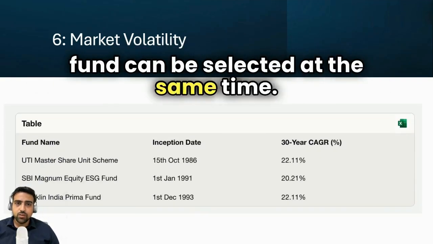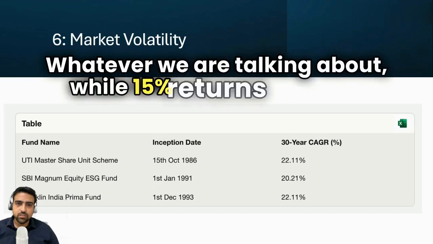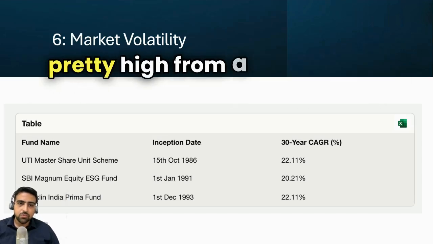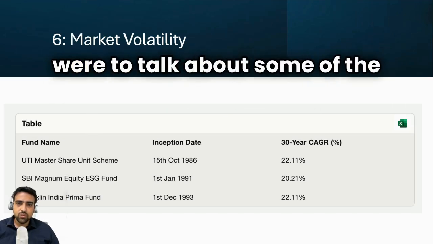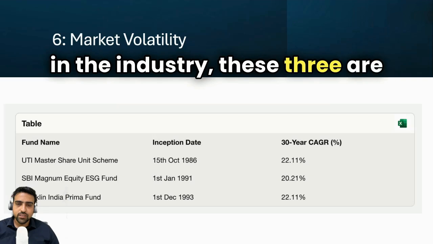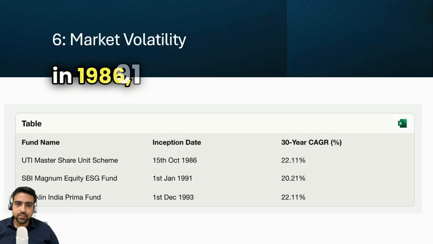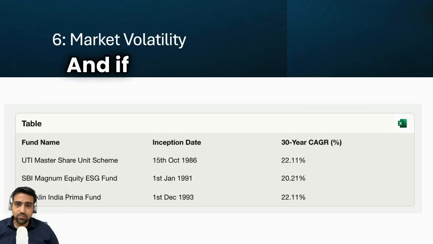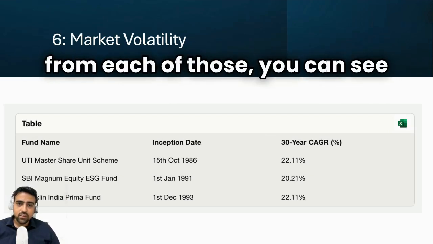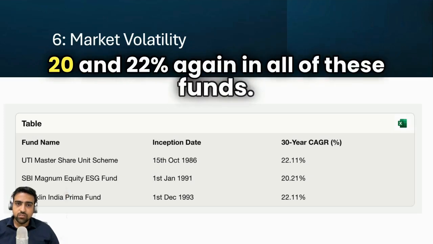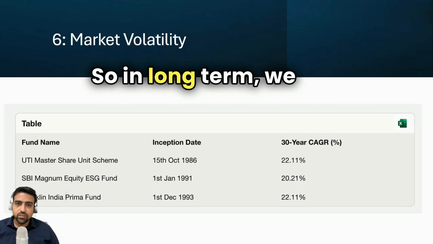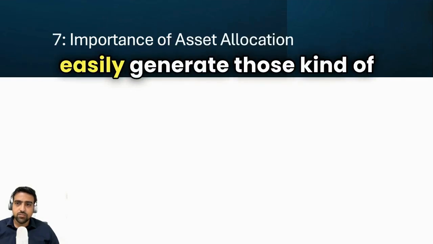At the same time, while 15% returns may look pretty high from a mutual fund standard perspective, if we talk about some of the oldest mutual funds in the industry, these three are the oldest ones, incepted in 1986, 91 and 93 respectively. If we look at 30 years of CAGR from each of those, you can see it's 22, 20 and 22% again. So in the long term, we can easily generate those kinds of returns.